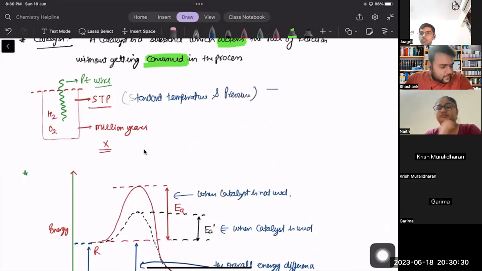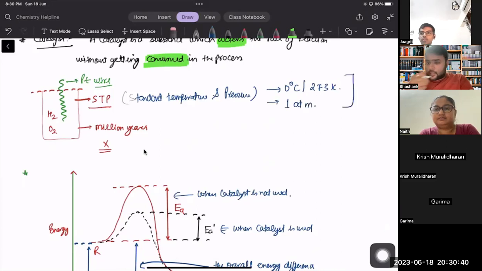So what is the standard temperature? This is 0 degrees Celsius or 273 Kelvin. And what is that pressure? 1 atm, 1 atmosphere. This is the condition. So if you keep the whole thing at that condition, nothing will happen to this. Understand? Any doubt so far?